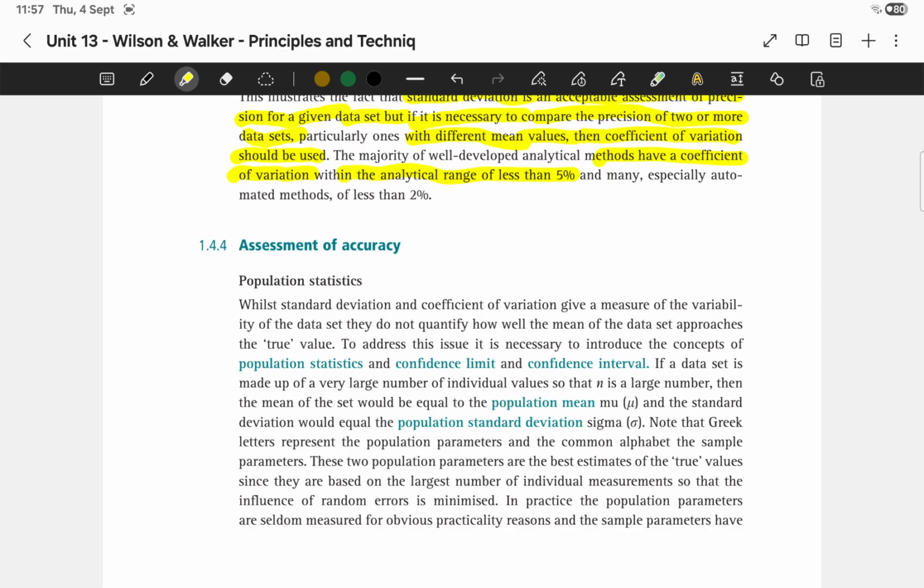If a data set is made up of a very large number of individual values, so that n is a large number, then the mean of the set would be equal to the population mean, mu.